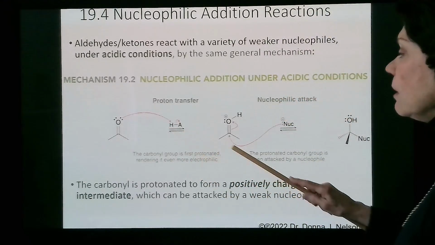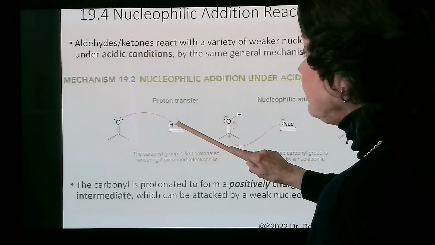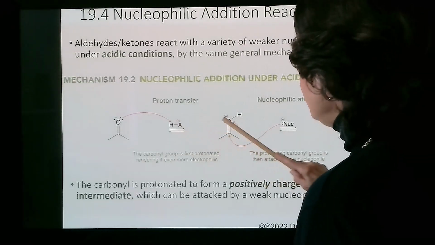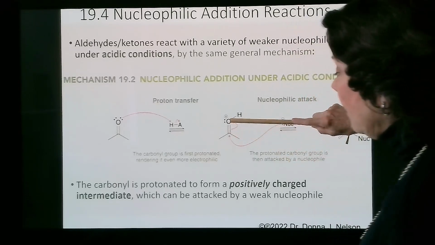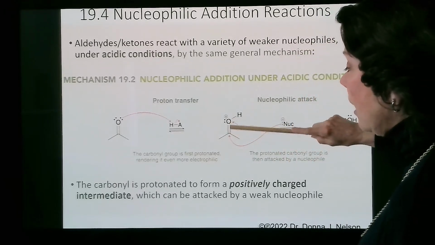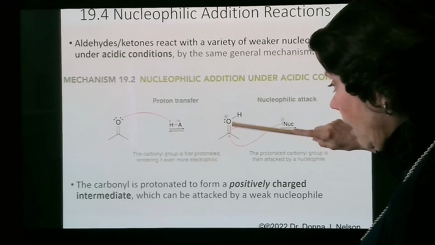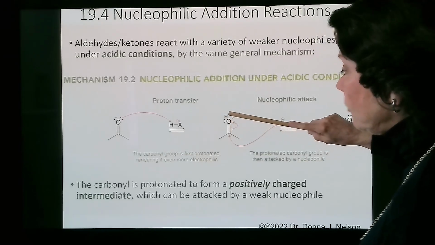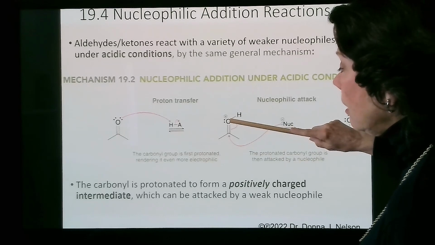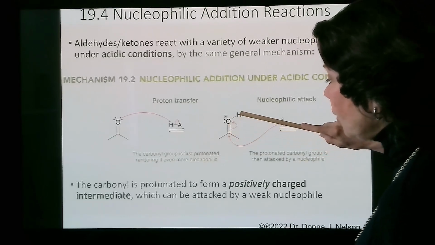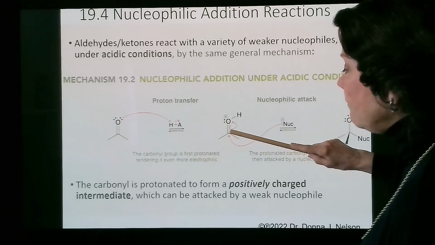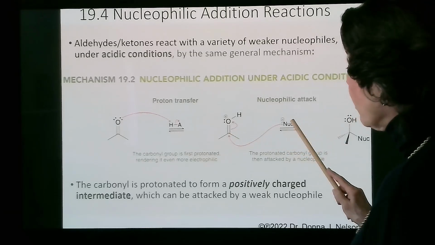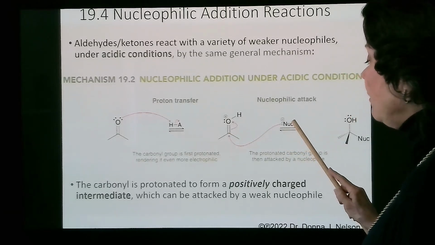And so now the conjugate base becomes the nucleophile. And you can see the carbonyl is polarized. There is a much greater charge borne on oxygen. So having this proton up here pulls more electron density off of this carbon, making it more attractive to the anion.